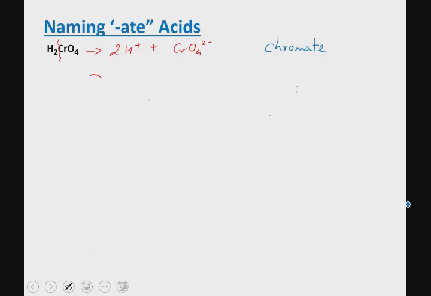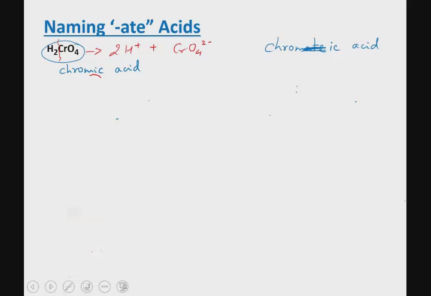Since it's an -ate anion, this H2CrO4 is an -ate acid. So to name the acid, we replace the -ate with -ic and attach the word acid. So the compound H2CrO4 is called chromic acid.